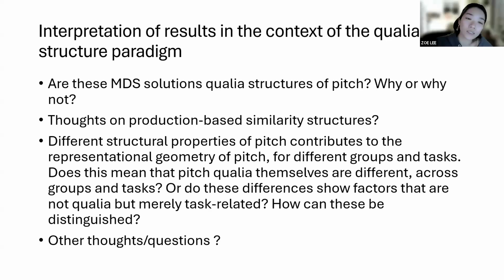Yeah, I don't think they are taking it for granted. I think they are coming from a position of maybe skepticism about this double helical representation of pitch geometry, and their conclusion is that it's not enough to account for it. And here are all the different geometries that we find across tasks and across groups.